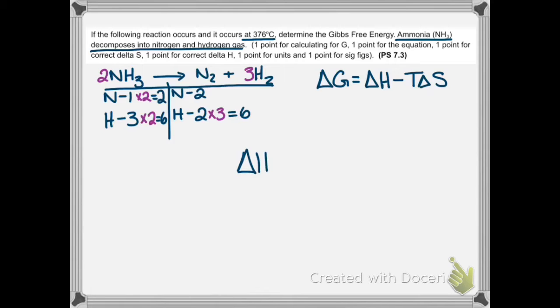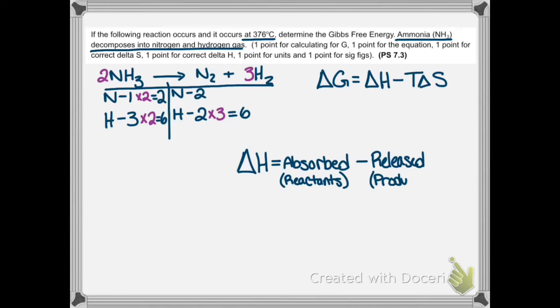In order to solve for delta H, we are going to take the absorbed energy, the energy absorbed when the bonds are broken between all of the reactants. So this is our reactant side. And we are going to subtract it from the released energy, the energy that we release when we form those new bonds, which is our product side.